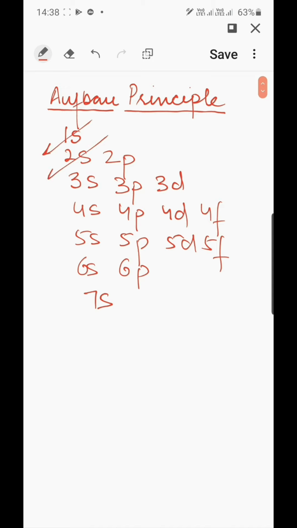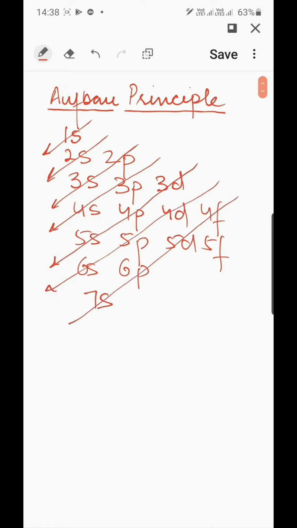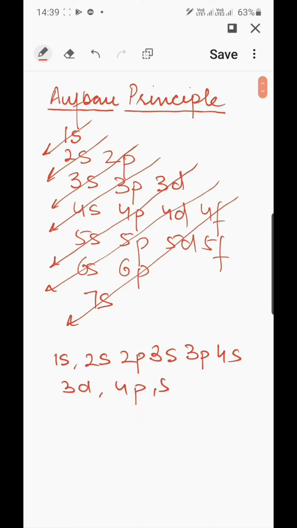You have to follow this arrow mark. First 1s, then 2s, 2p, 3s, 3p, 4s. First subshell is 1s, then 2s, then 2p. Follow this arrow mark. This is 3s, 3p, 4s, 3d, 4p, 5s, and so on.